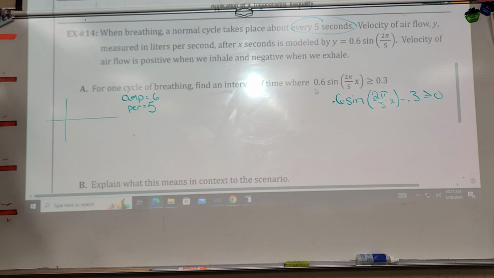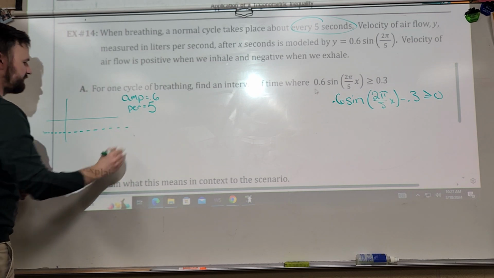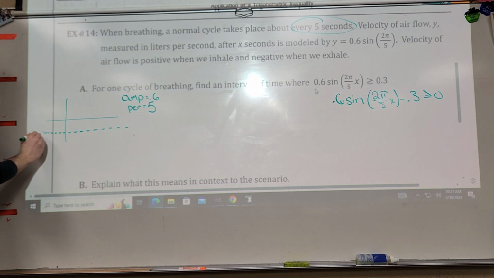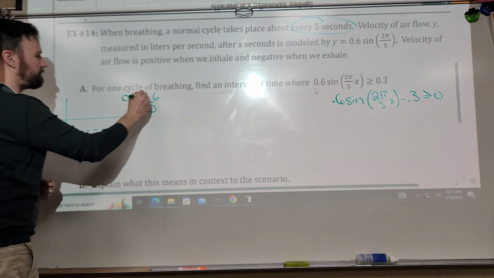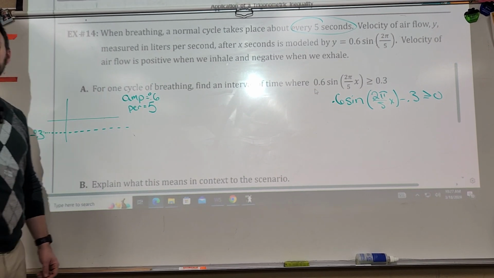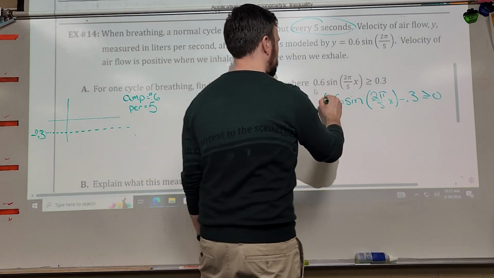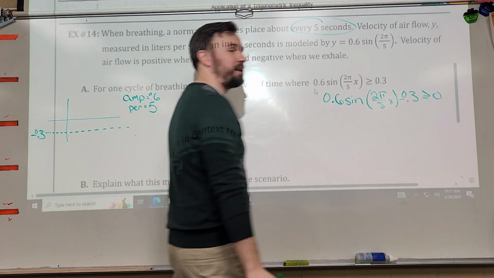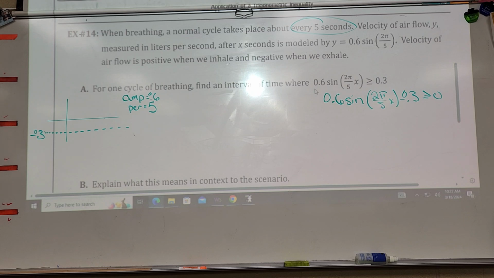What's that negative 0.3 going to do? Yeah, it's going to shift that to negative 0.3. Sorry, I don't put zeros in front of my decimals. I don't know why. I know it's not the common way to do it. I just never did it.